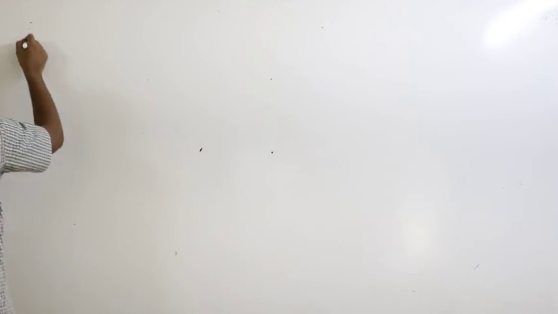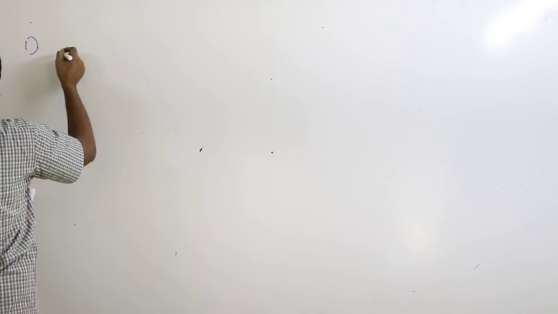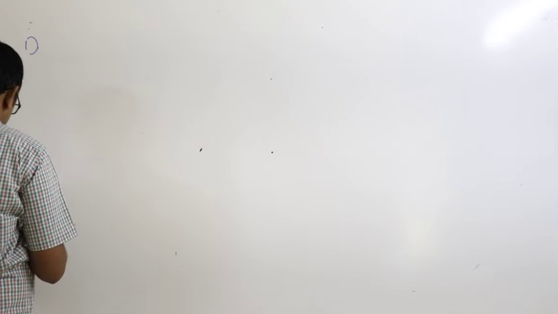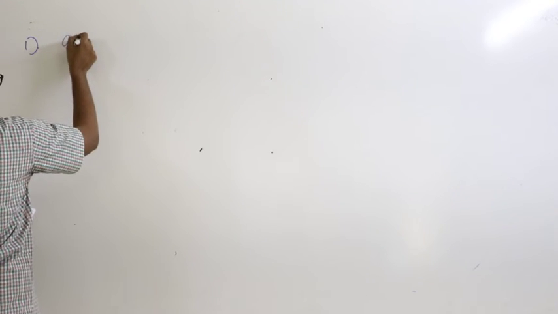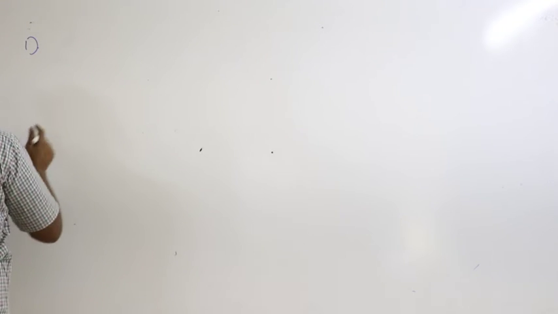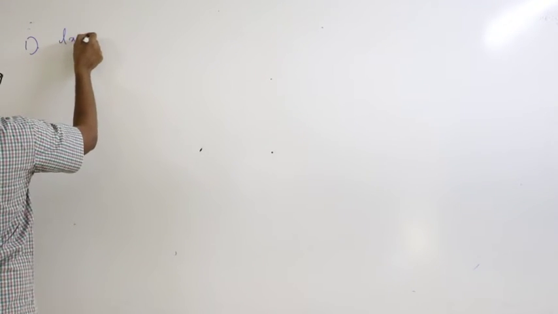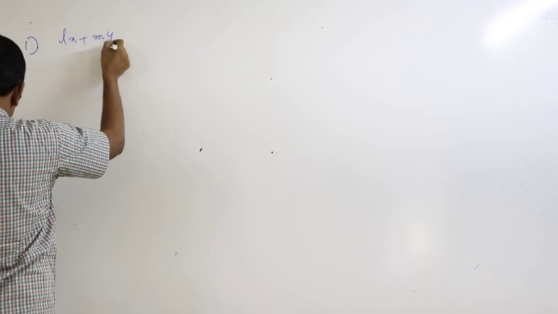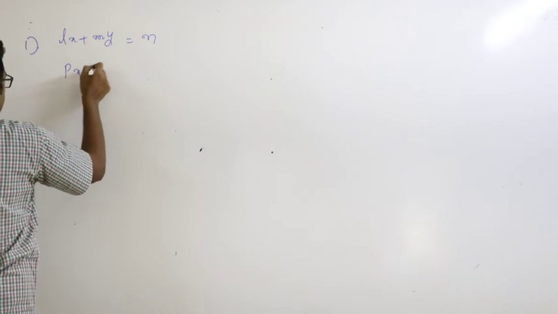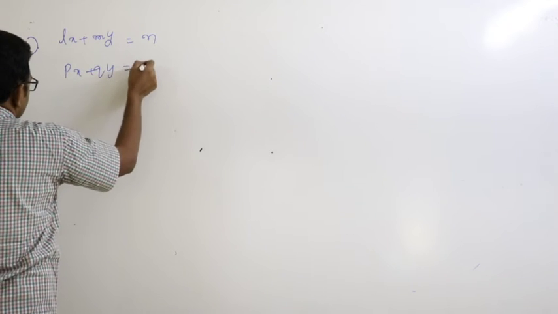Let's solve. Lx plus my is equal to n and px plus qy is equal to r.